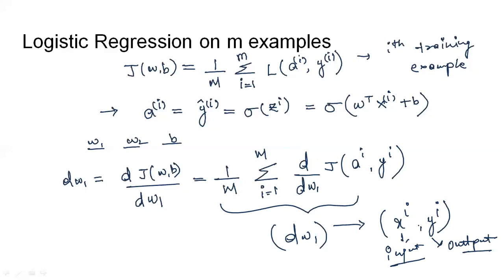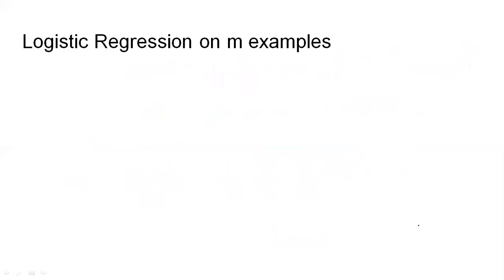So let us continue. Whenever we apply the computation graph to find the gradient descent over M training examples, we need to apply a for loop, because we have several steps for a single training example, and we have to apply those steps to all M training examples. So we will use a for loop here.